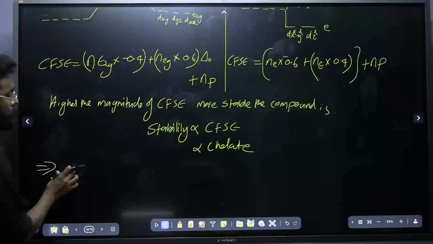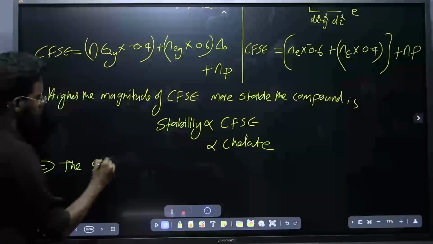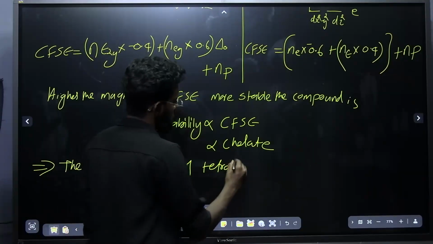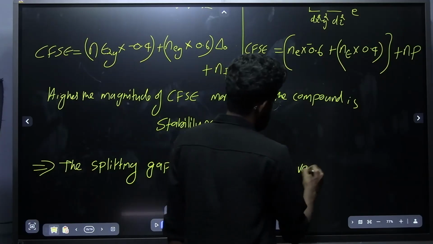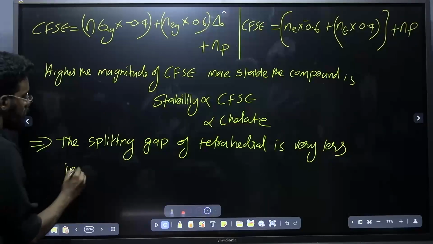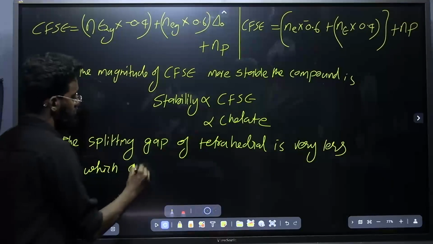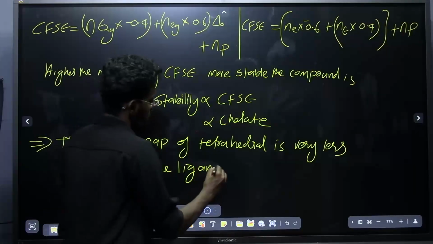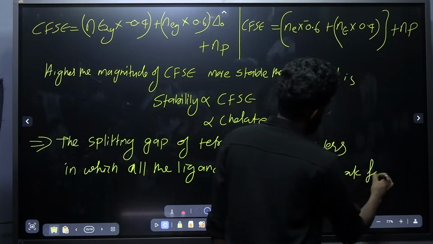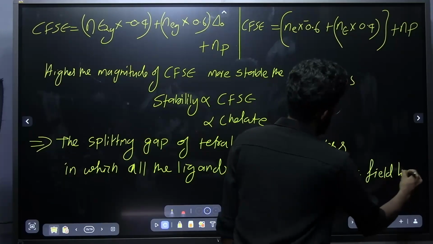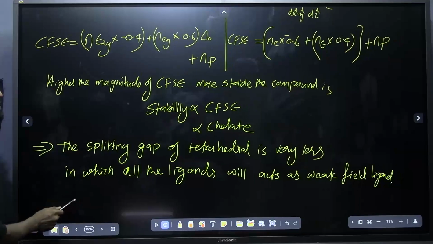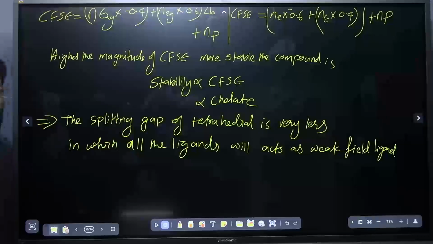The splitting gap of tetrahedral complex is very less, in which all the ligands will act as weak field ligand in the case of tetrahedral.